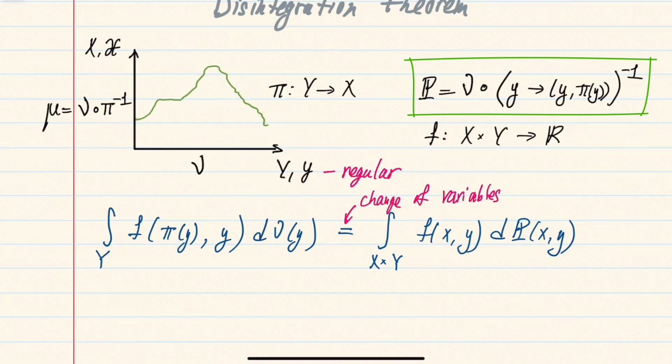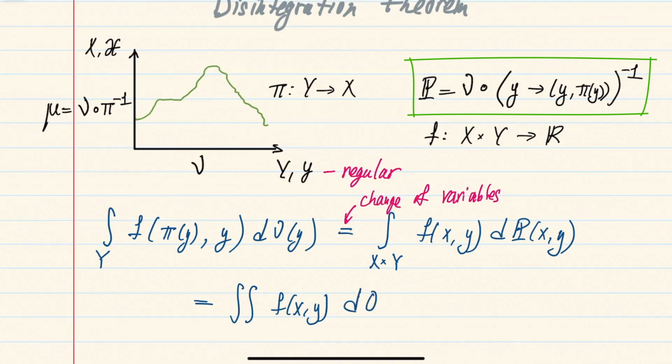This is just a change of variable formula. But once we wrote it like this on the product space, and we know that the second coordinate y is regular, the main theorem that we are going to prove will show that this can be written as a double integral, where first you fix x and you integrate with some transition kernel which does exist.